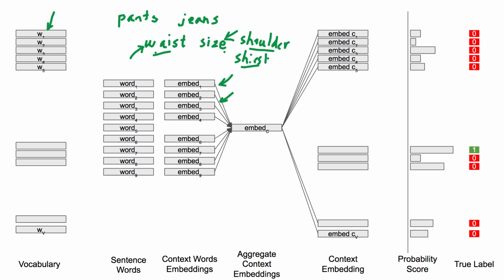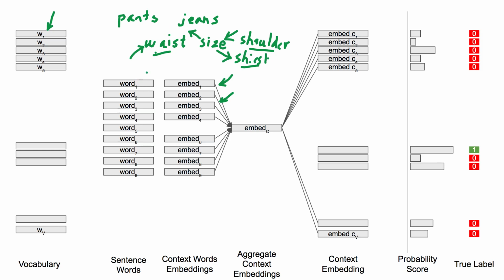So one set of training would try to move it closer to jeans and pants. Another set of training contexts would move the vector representation of size closer to shirt or shoulder. So it's not a given that size would have a closer representation to jeans or pants, but it's very likely that pants and jeans would have much closer representation to each other.